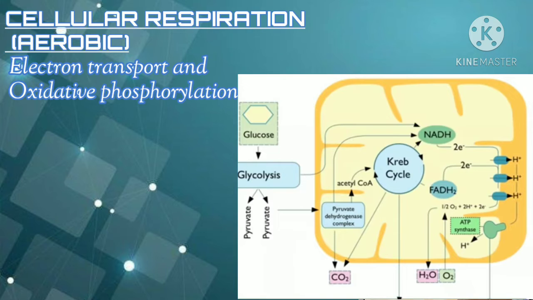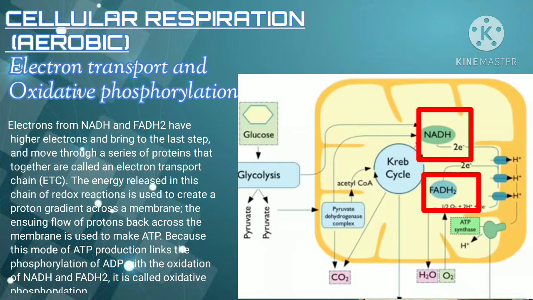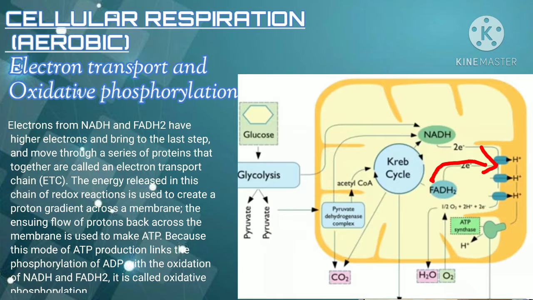In electron transport and oxidative phosphorylation, electrons from NADH and FADH2 are brought to the last step and move through a series of proteins that together are called an electron transport chain, or the ETC. The energy released in this chain of redox reactions is used to create a proton gradient across a membrane.